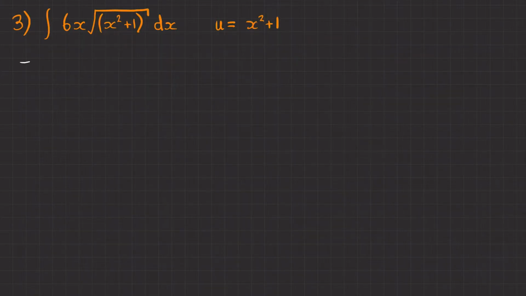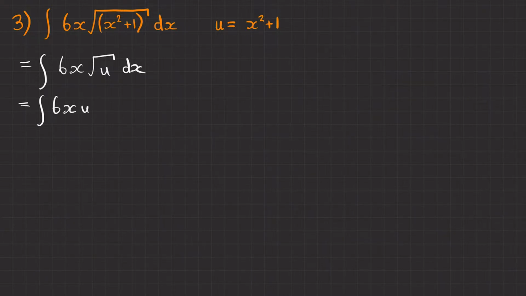Question 3, we've got equals the integral of 6x square root of u with respect to x, which is the same as saying 6x u to the half with respect to x. We need to replace this dx now, so we'll have du by dx, which equals 2x.